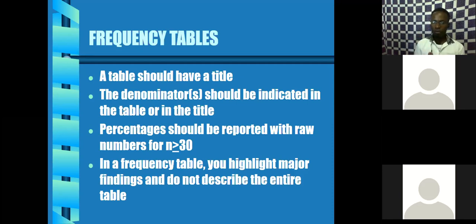So 10 of them, representing 10% of students, passed that particular test, all right? So you represent the raw number together with the percentage. Most of the times it is more helpful to present information in such a manner. Okay? So in a frequency table, you highlight major findings and do not describe the entire table.